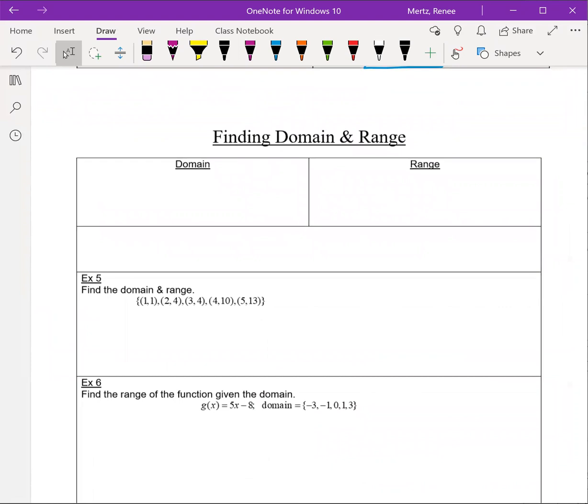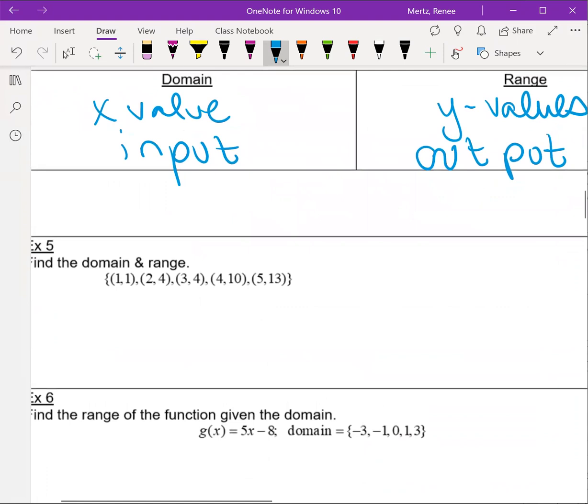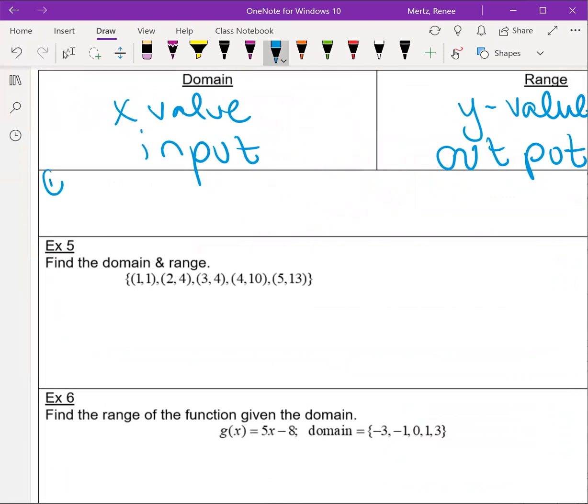Domain, our x values, are our input. Range are our y values, or our output. So we already looked at it with ordered pairs. So with ordered pairs, x is the domain, y is the range.